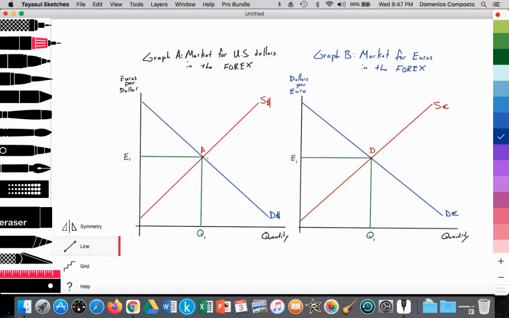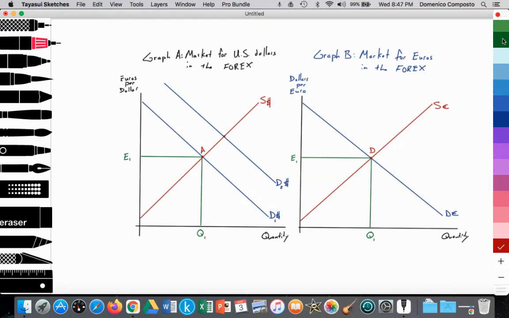So speculative investors, seeing that macro data in the United States, start to buy into the dollar. And let's just assume that these investors are holding euros. So they're going to sell their euros and demand dollars. So the demand for dollars increases, right? Goes from D1 to D2 for dollars.